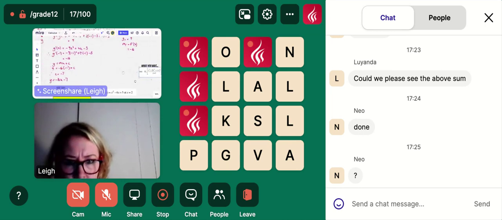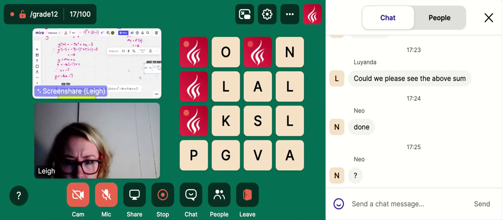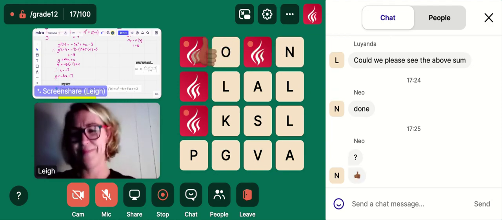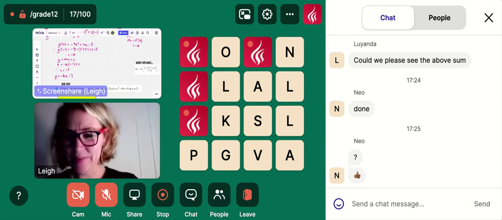Okay, so Neo, while you wait, there you go. Let's move it over a little bit. That gives us something to think about. Write that one down, Neo, and then you can always come back to it while you're waiting for the others to finish. Good.